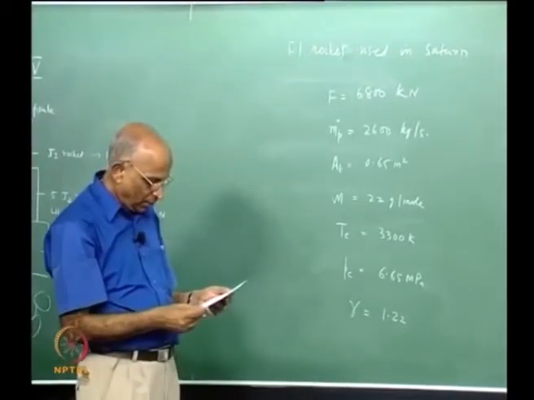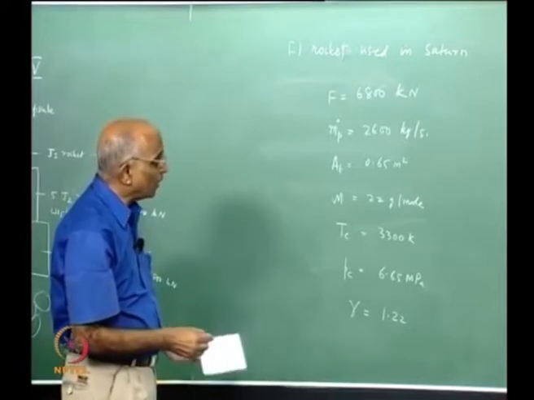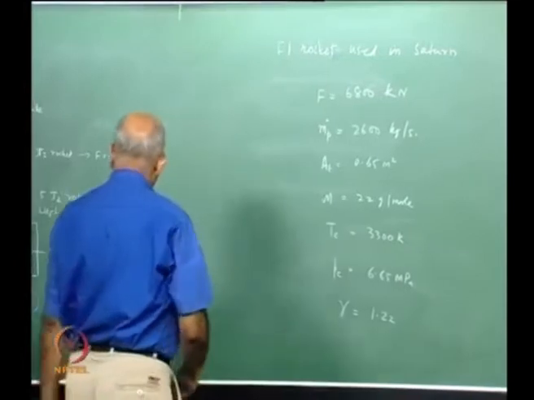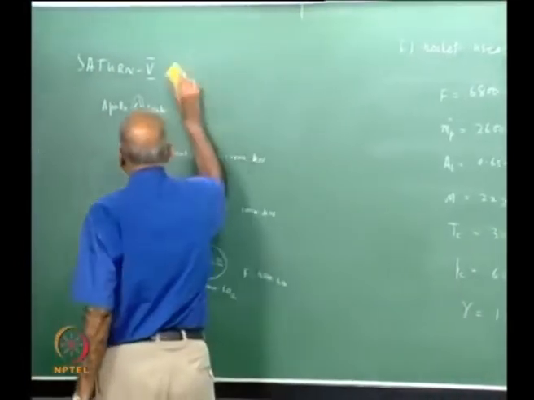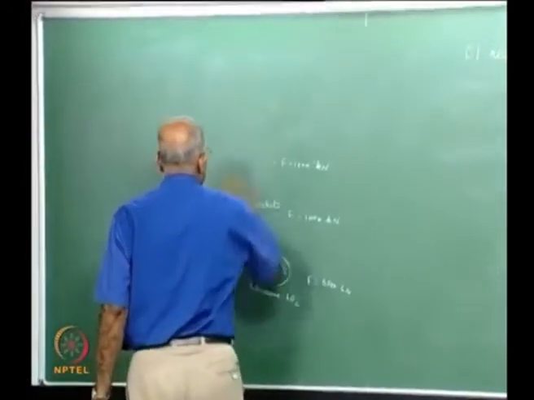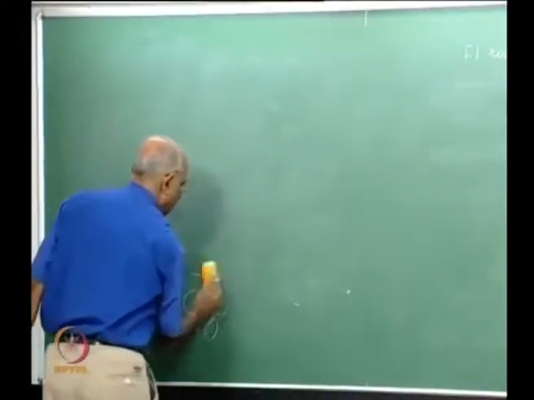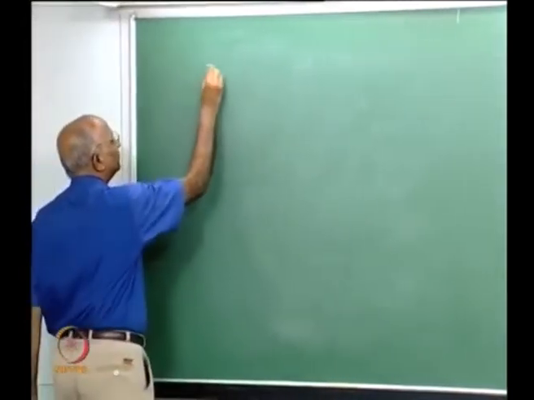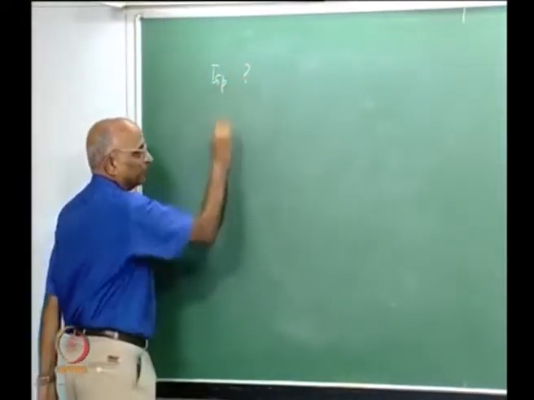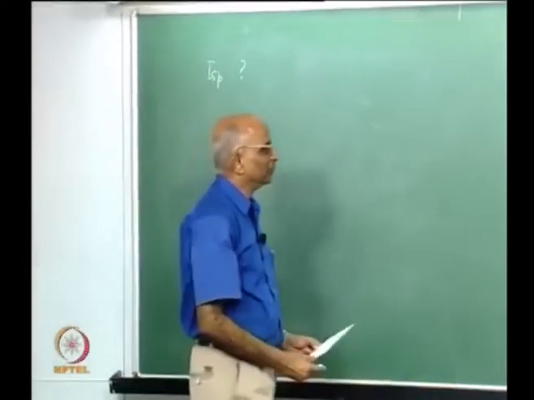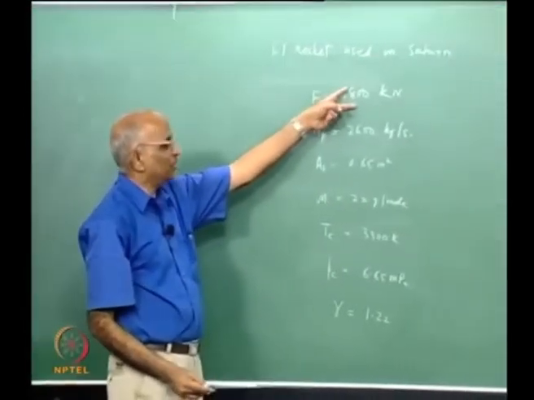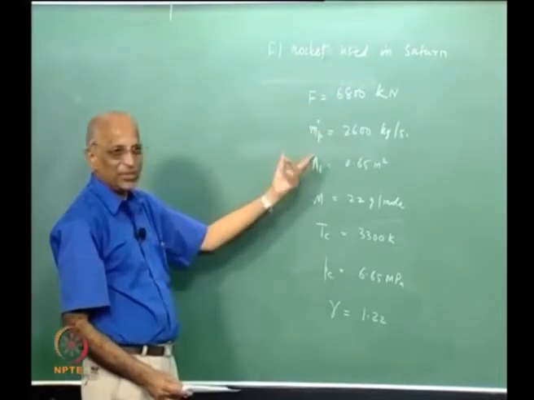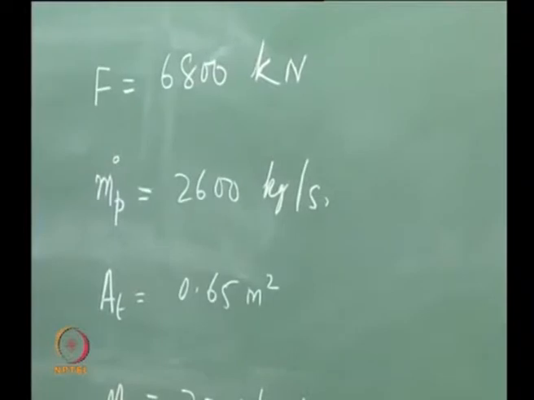The next one I want to find out is the value of Isp. How do I do it? What is the specific impulse of this engine? I know the thrust is 6800 kilonewton. I know the mass flow rate is 2600. Well, it is simple, is it not?